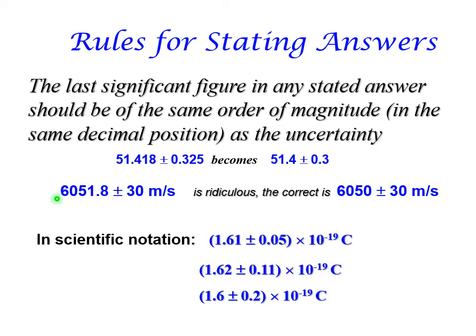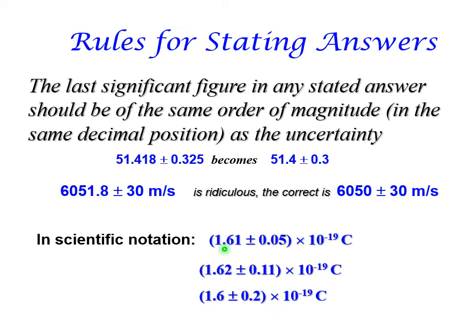Same way, 51.8 plus minus 30 meters per second is nonsense. The correct answer should be 50 plus minus 30. This 0 is not a significant digit. It's much easier to use scientific notation for that. So it will be 6.05 times 10 to the power 3.